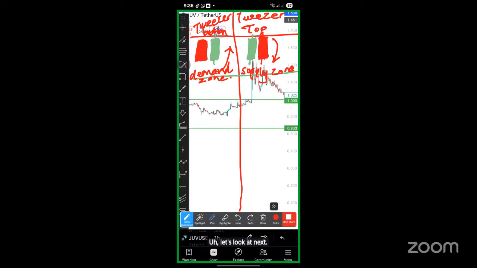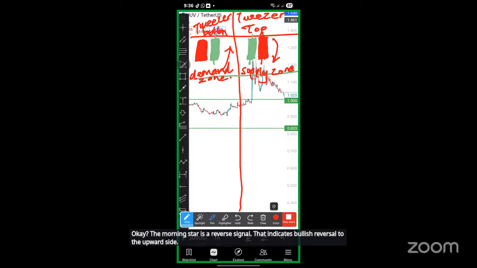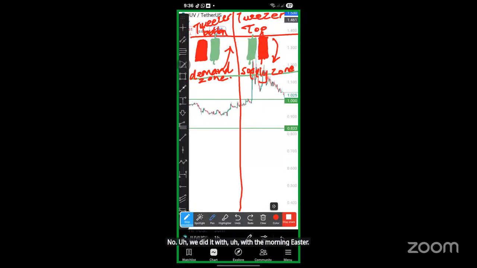Let's look at the morning star. Okay, the morning star is a reversal signal that indicates a bullish reversal to the upward side. Now, with the morning star, it is bullish.